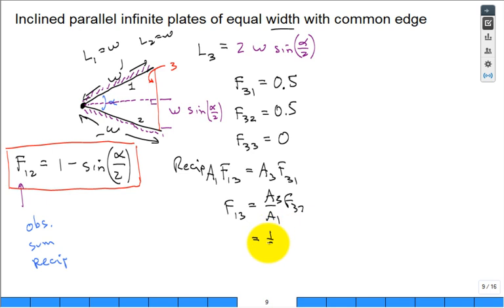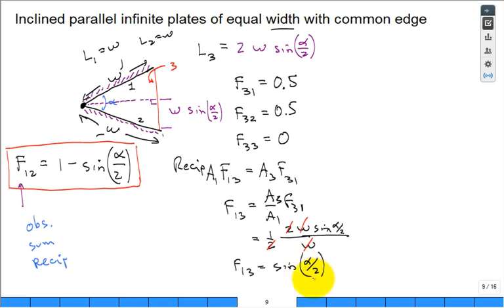So it's 1/2, that's the view factor from 3 back to 1. And then what is the area 3? 2W sine of alpha over 2. And what is the area 1? W. The W's cancel. The 2's cancel. And so the view factor from 1 to 3 is equal to sine of alpha over 2.